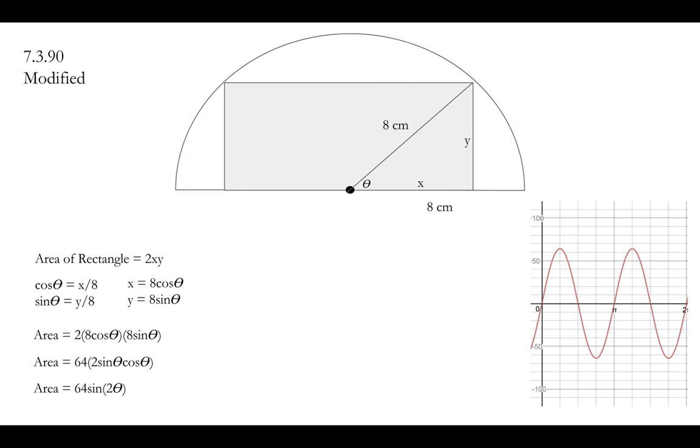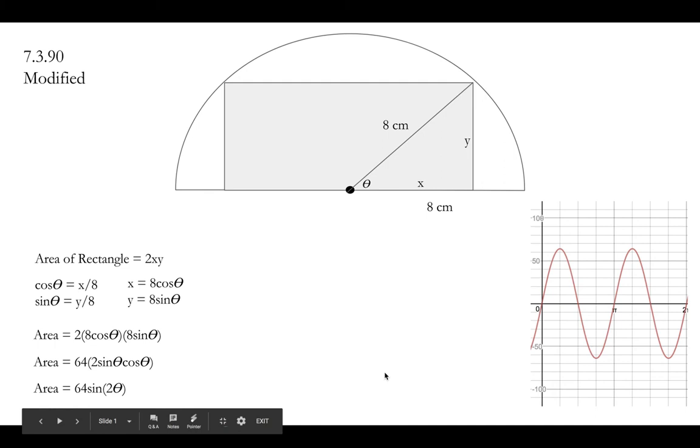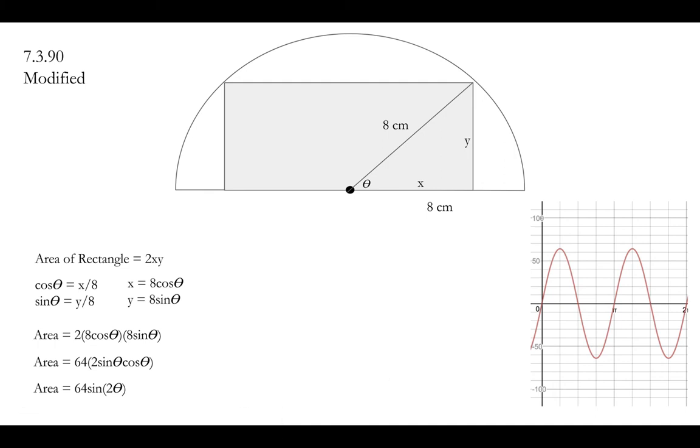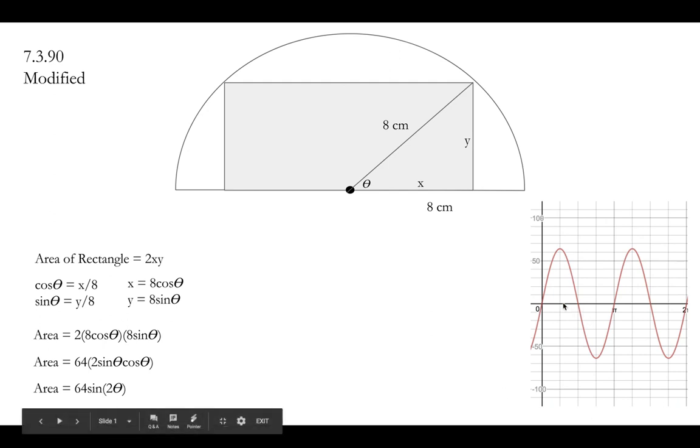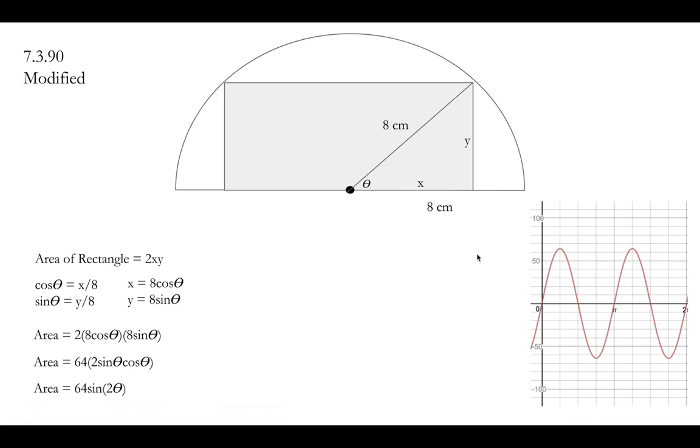Now to find the dimensions, let's go back to the graph. We can see that y equals 64 when theta is pi over 4. If we think about a unit circle, the coordinates for the angle pi over 4 are root 2 over 2, comma root 2 over 2.